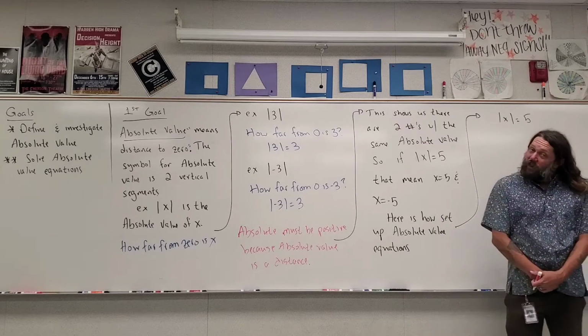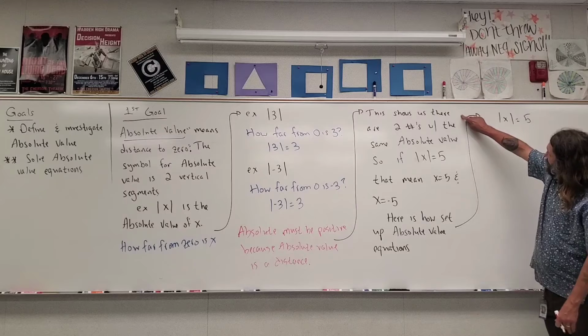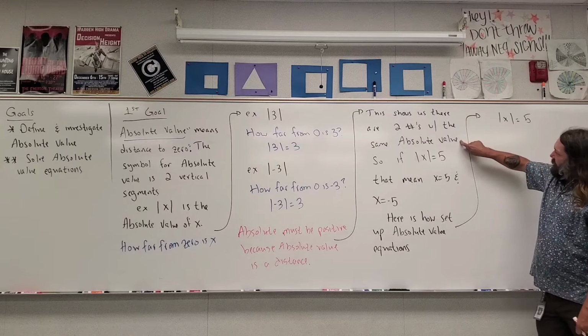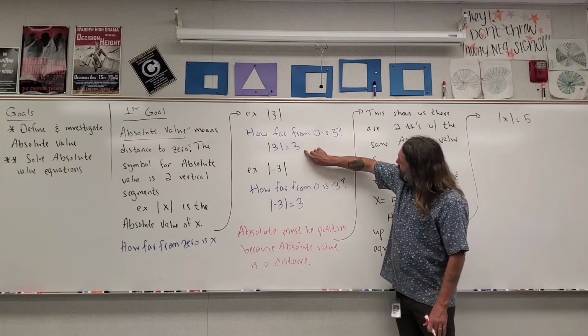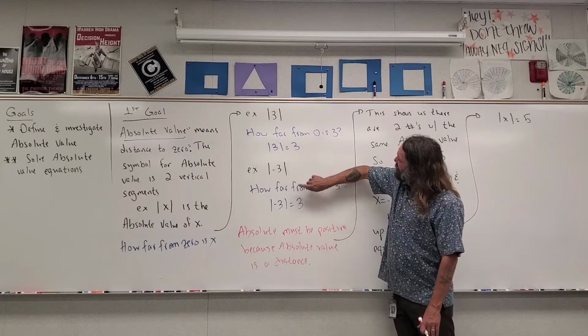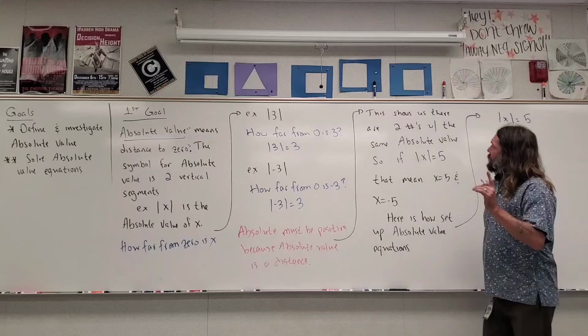Now, what this also does is show us that there are two numbers with the same absolute value. It's very important. I have two different numbers on a number line that have the same distance from 0.